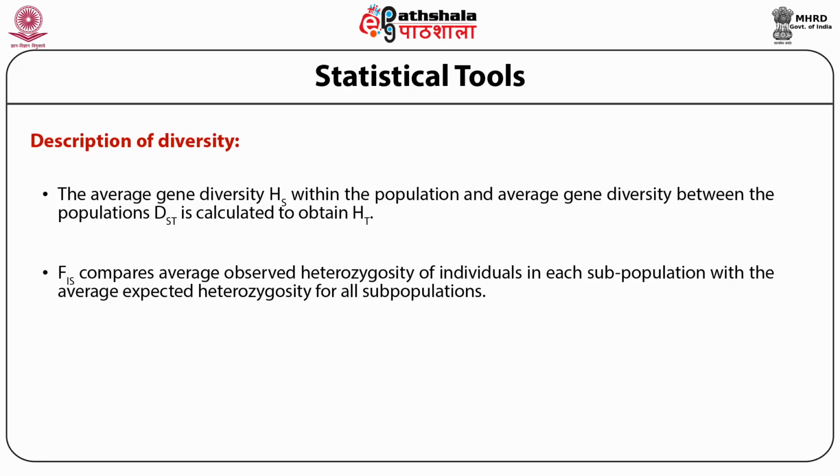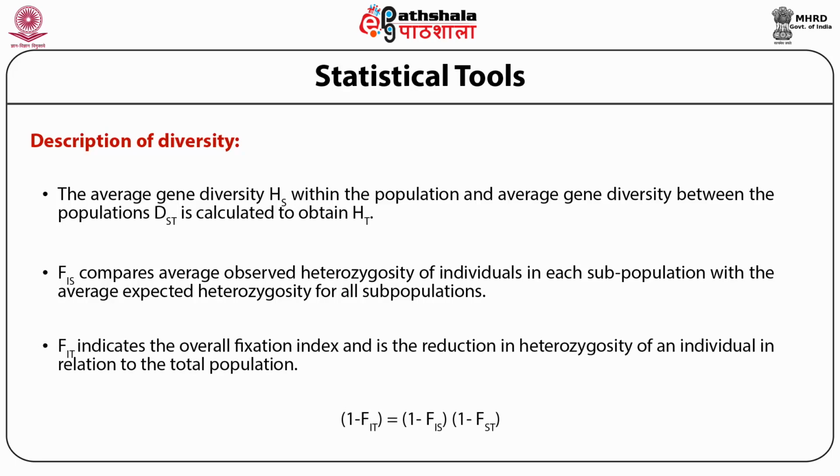FST compares the average expected heterozygosity for subpopulations with the expected heterozygosity for the total population. FIT indicates the overall fixation index and the reduction in heterozygosity of an individual in relation to the total population.